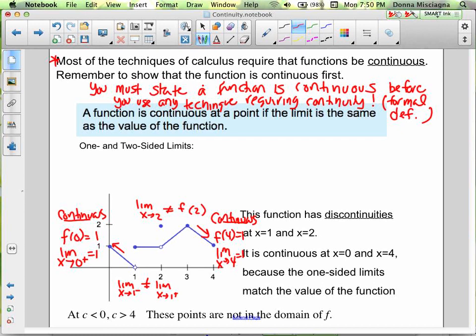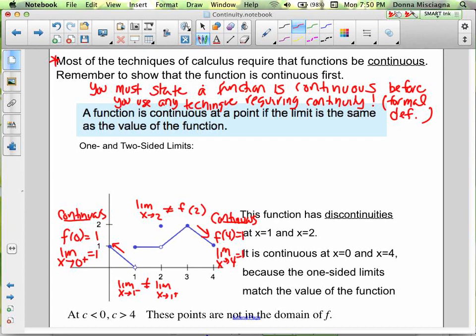Now let's take a look at our points where we are discontinuous. We are discontinuous at 1, for a couple of reasons. Here the limit as x approaches 1 from the left does not equal the limit as x approaches 1 from the right. So we do have a break in the graph. We're also not continuous at that endpoint either.